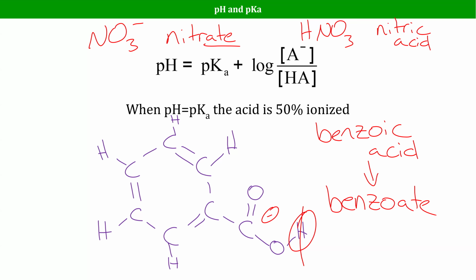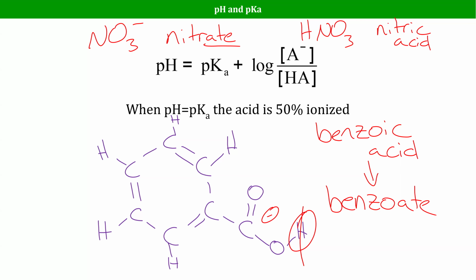You ever heard that term before? I don't think so. You read the ingredients on pretty much anything that's packaged. It's got sodium benzoate added as a preservative because it's relatively harmless to humans, but it keeps things from going stale and it keeps bacteria from growing. So it dissolves really well.